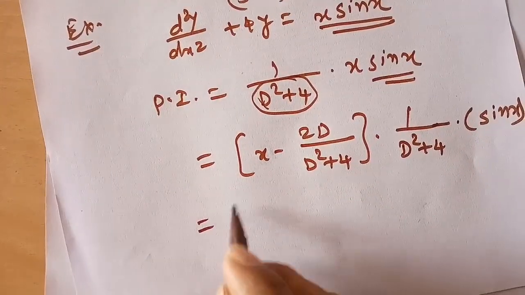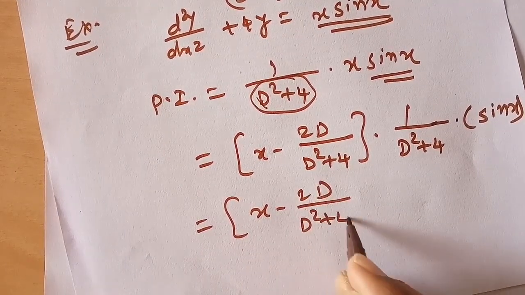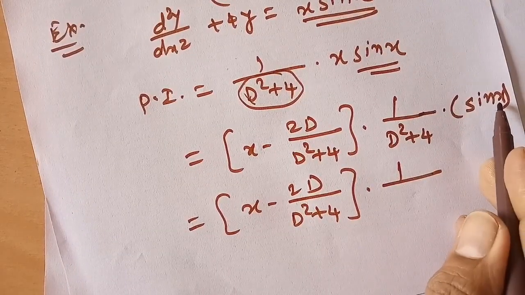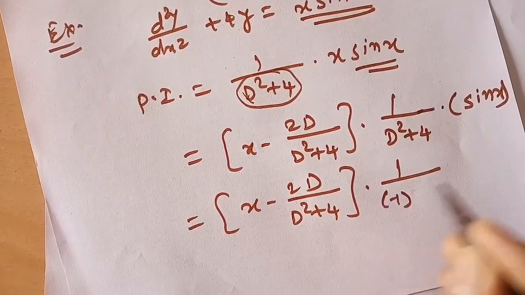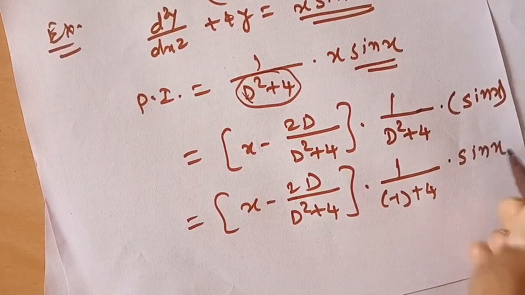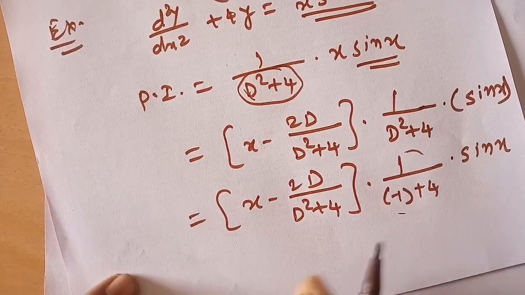Now again I will use the shortcut method here. This is D² + 4 into 1 divided by, here a is 1, therefore this is minus 1 plus 4, into sin x. Now this total is a constant, which is 1 by 3. I will take it outside.